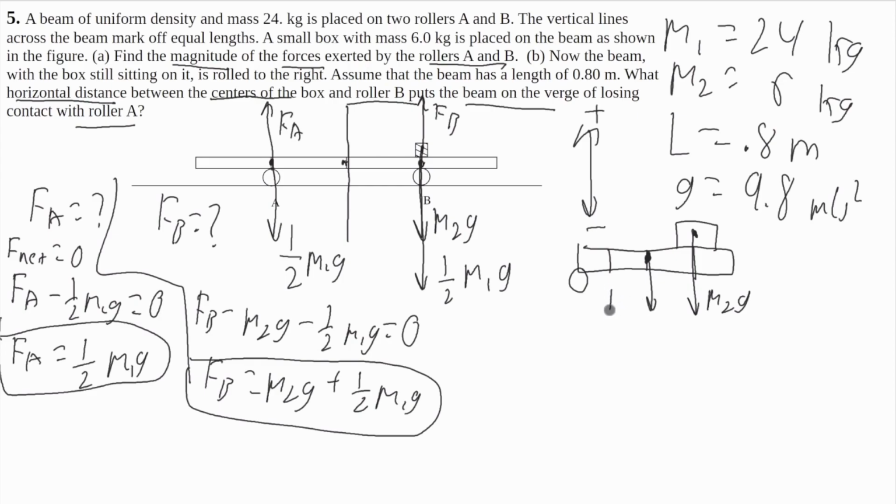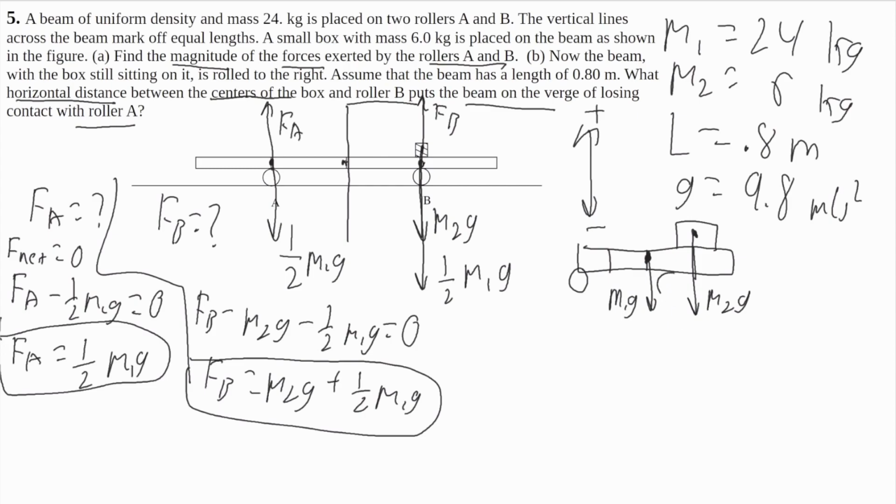This will be m1g. Now we have to decide where roller B is going to be. Well, if we put roller B on the left of these two center masses, then the torques cannot be equal, because both of these torques will rotate this clockwise. If B was to the right of both of these center masses, then it would rotate counterclockwise.